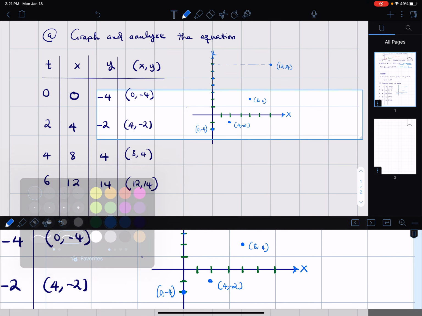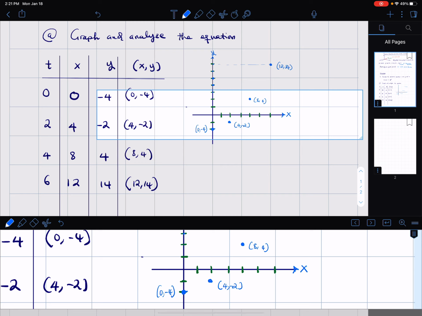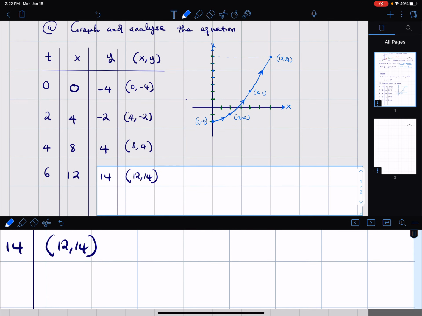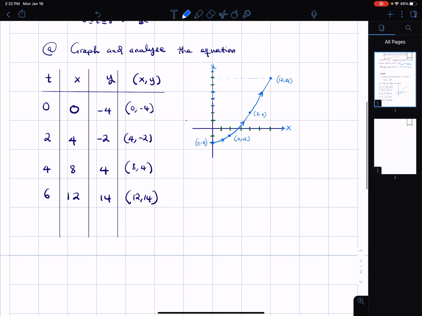All right. So now let's see what is going on. This is our curve. Our curve is moving in this direction. Watch the direction in which it's moving. This direction, the arrow. So that is our parametric curve.